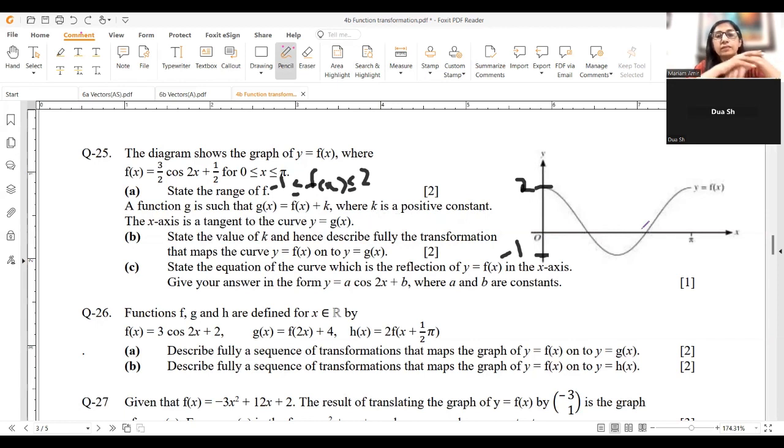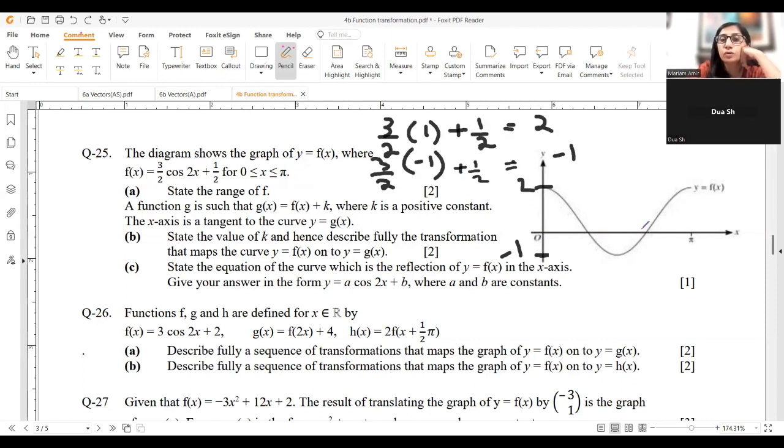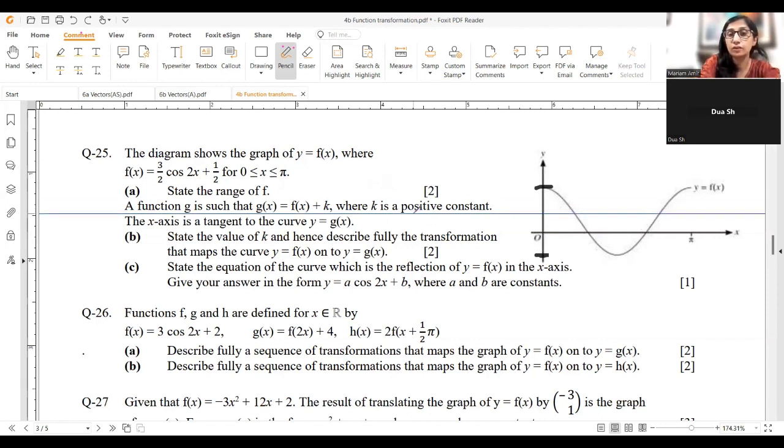Part C, state the equation of the curve which is the reflection of f(x) in the x-axis. Give your answer in this format. So what happens to a curve when it is reflected on the x-axis? We've discussed it before. Minus f(x). Exactly, minus f(x).